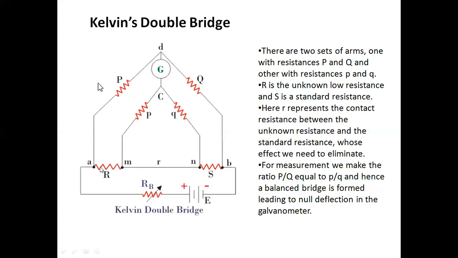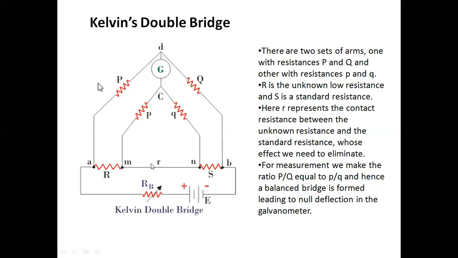Here capital R is the unknown load resistance and capital S is the standard resistance, whose value we can vary to balance the bridge.